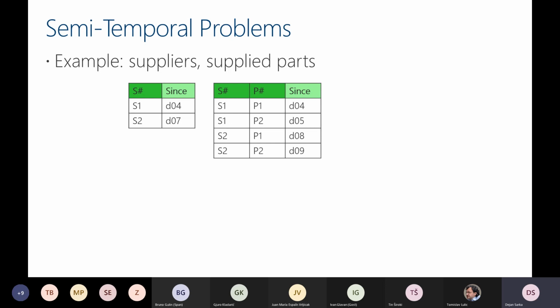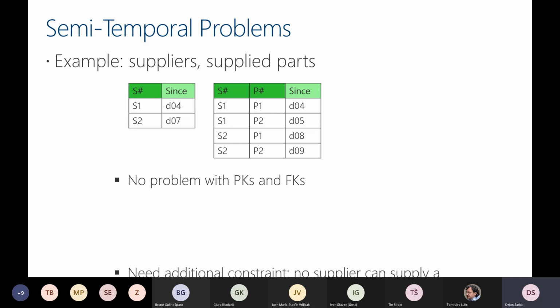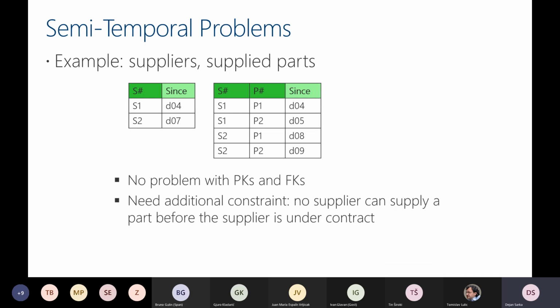We see that supplier 1 is supplying part 1 from time point D04, etc. There is no additional problem compared to non-temporal databases with keys, so we can use the same primary keys and foreign keys. What we need is only a single additional constraint: no supplier can supply a part before the supplier is under a contract. So, for example, supplier 1 shouldn't be able to supply anything before time point D04.